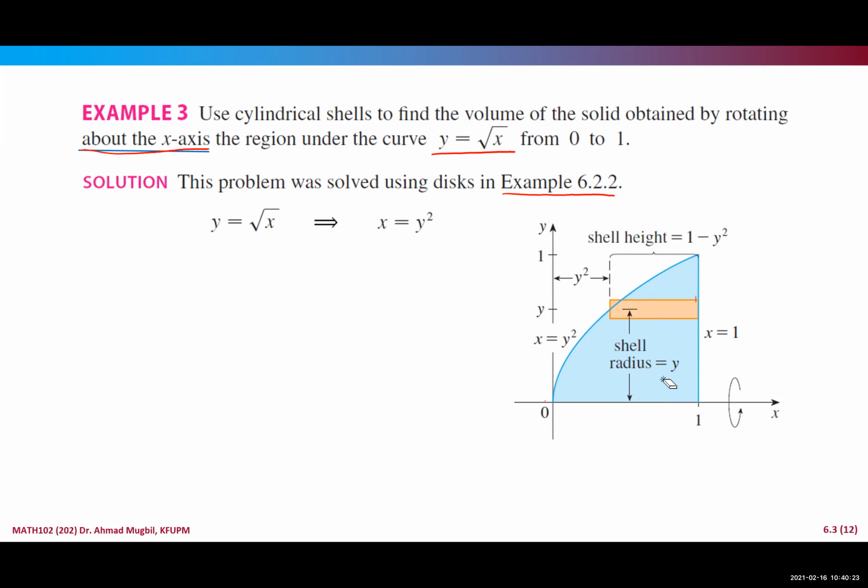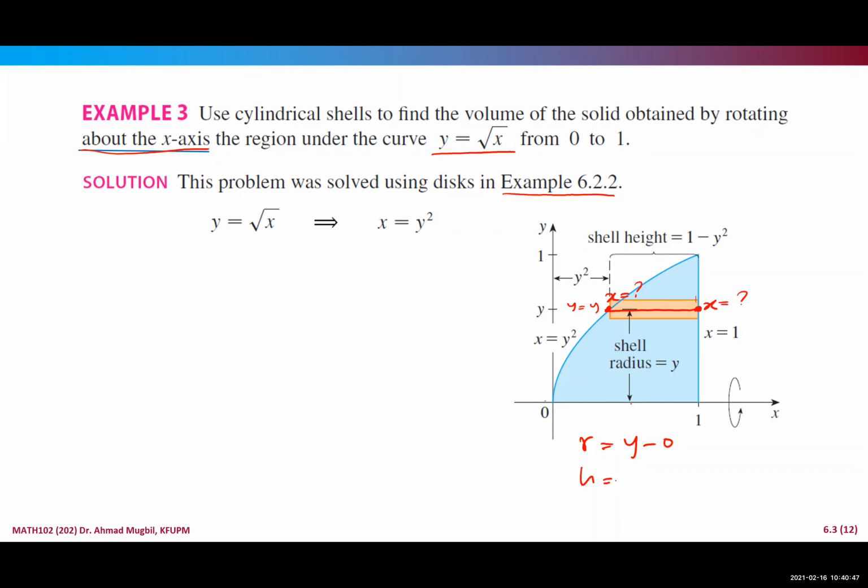And of course, ya shabab, what will be r in this case? What is the distance from here to here? We call it y, so it will be y minus 0. What is y here? y is y, and y here is 0, so it is y minus 0. And what is the length? The length will be just the distance from here to here. What is x right? What is x left?